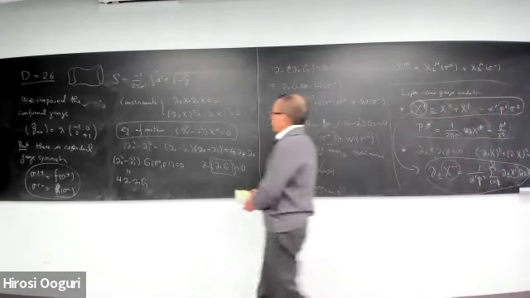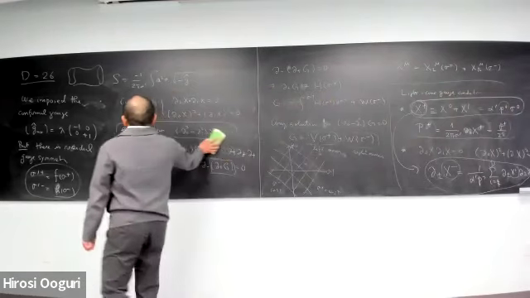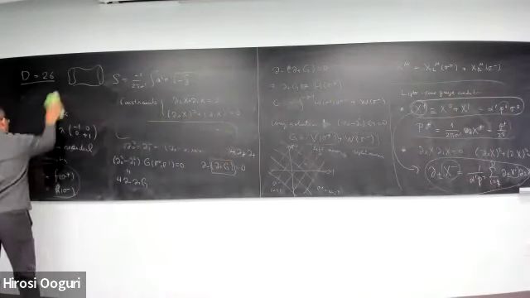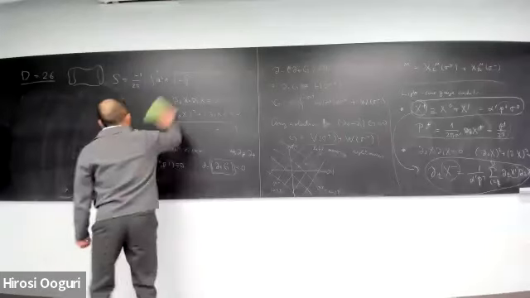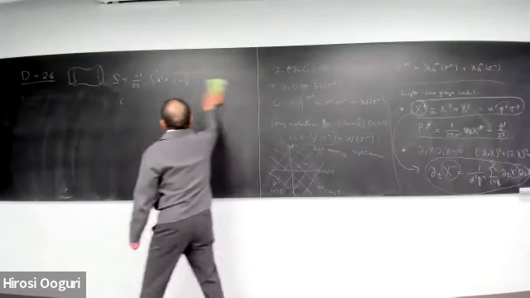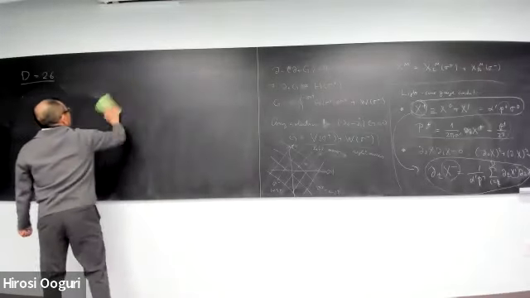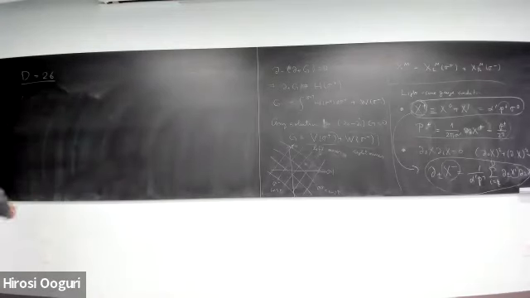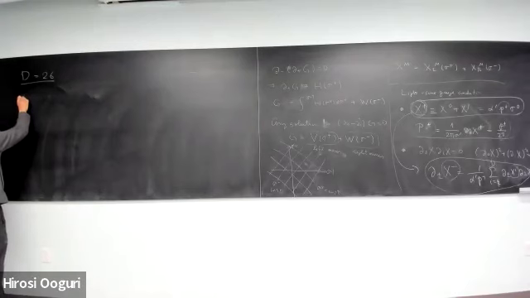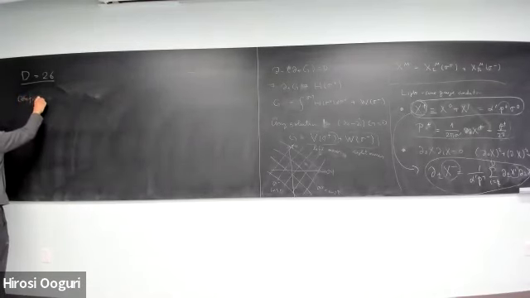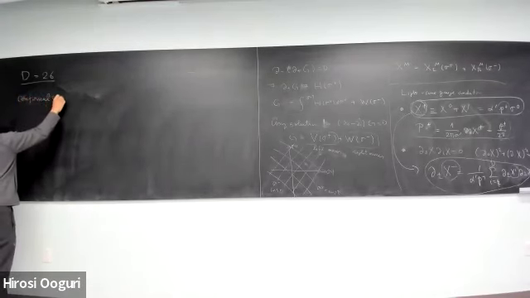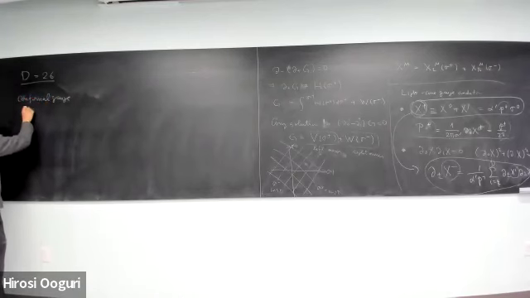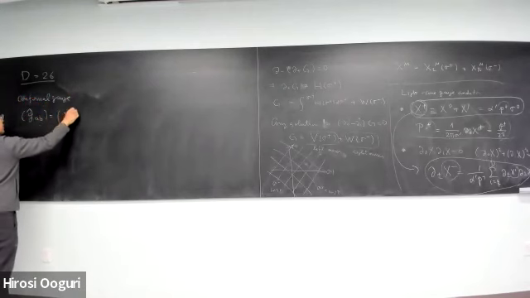So what I wrote over there, let me rewrite it here. What we did is start with the conformal gauge condition, where we impose the induced metric to be diagonal.